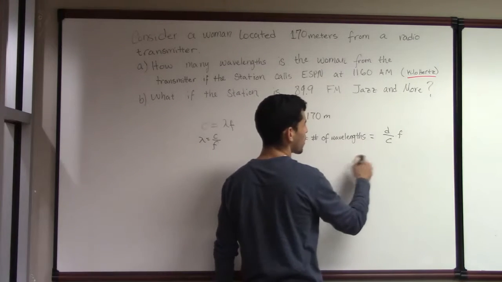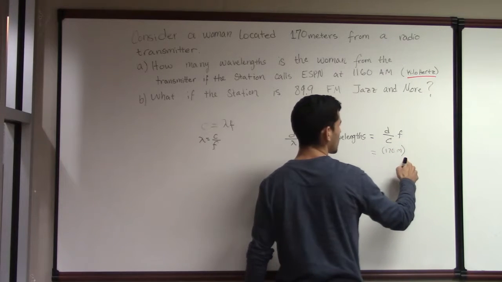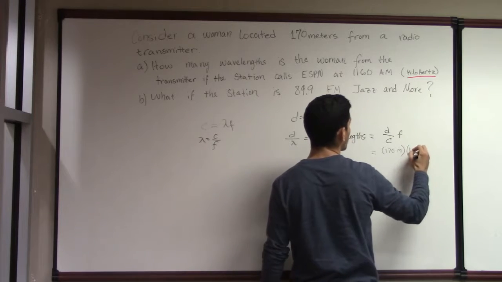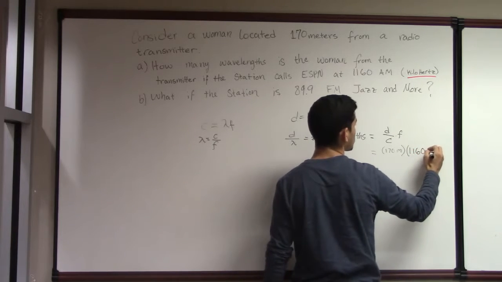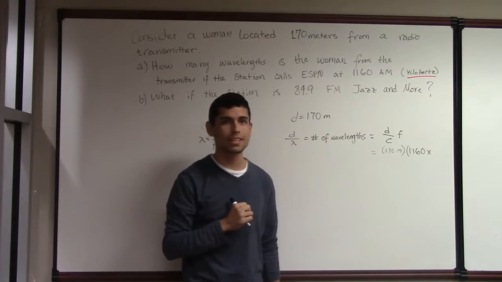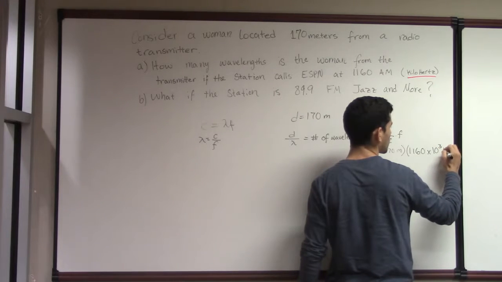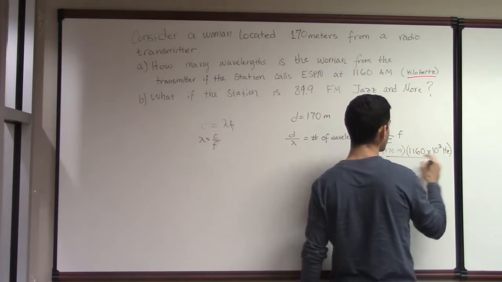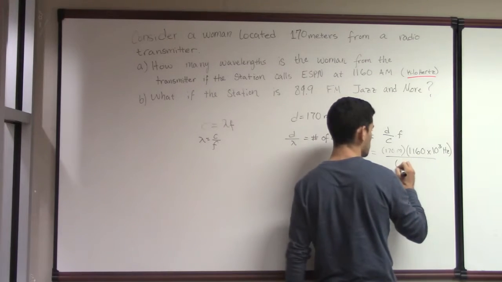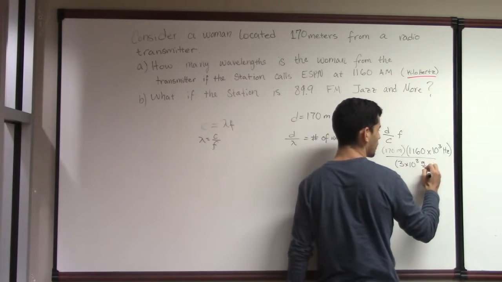So we'll have the number of wavelengths is equal to our distance, 170 meters, times the frequency, which is going to be 1160 times 10 to the third, because our SI unit is hertz, all divided by the constant c, which is simplified as 3 times 10 to the 8 meters per second.